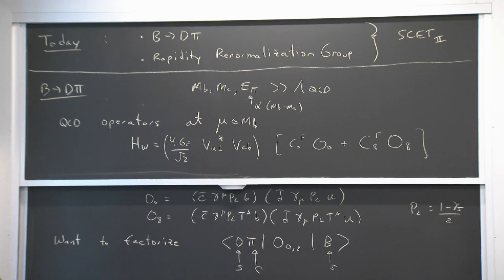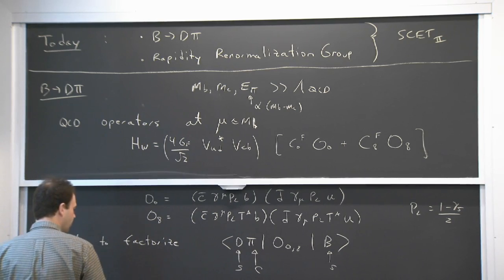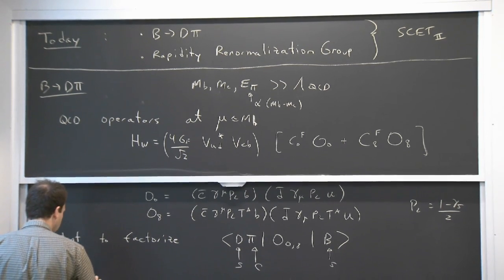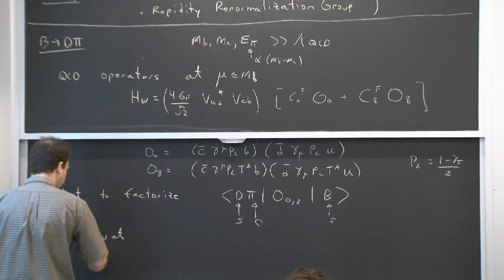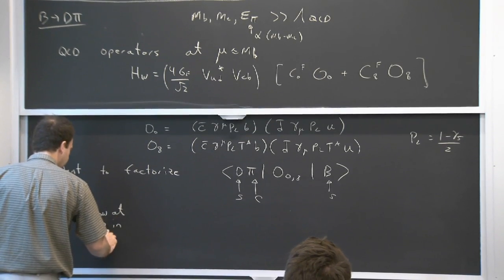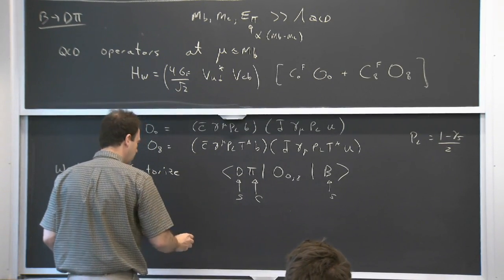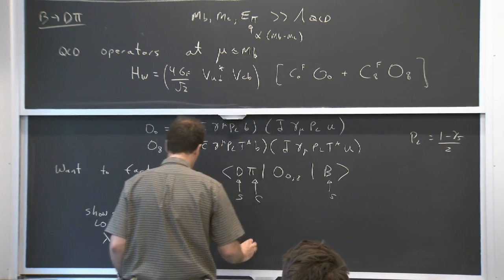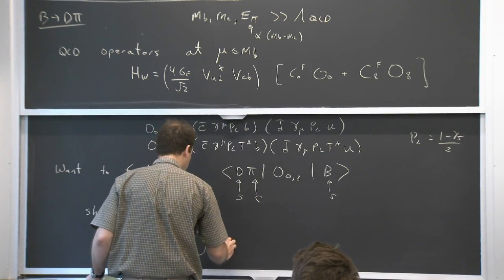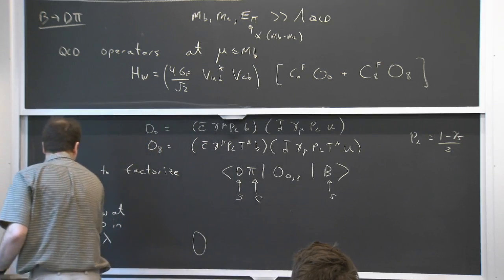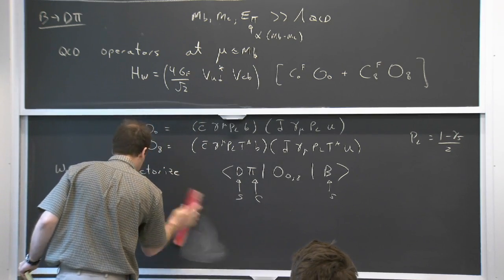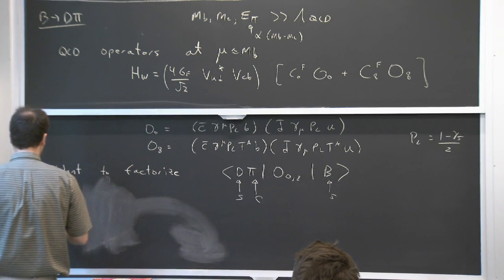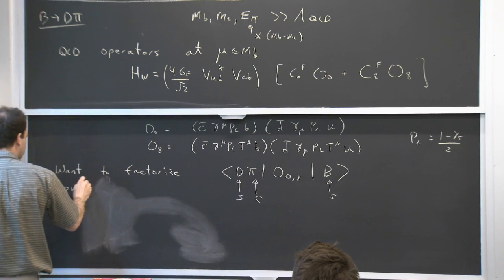And so if it's going to factorize and the soft degrees of freedom are not going to talk to the collinear, the kind of thing that you would expect to show at leading order in the lambda expansion is the following kind of process.